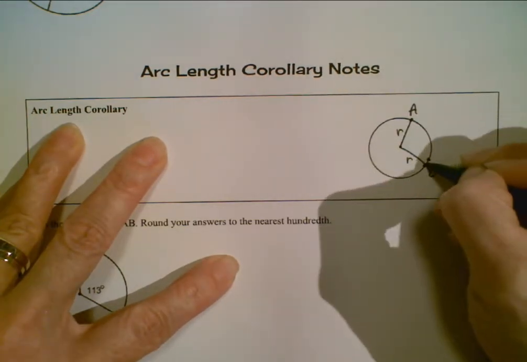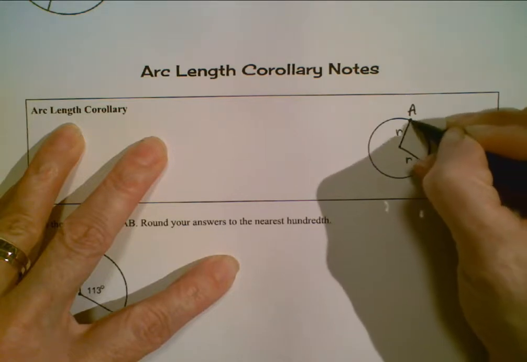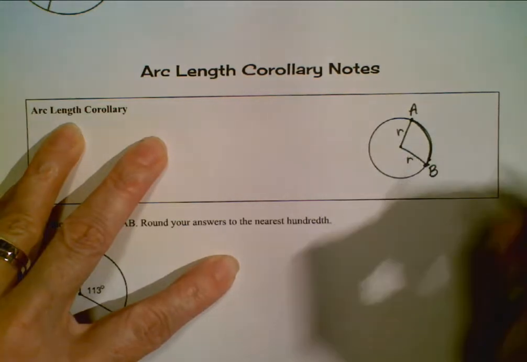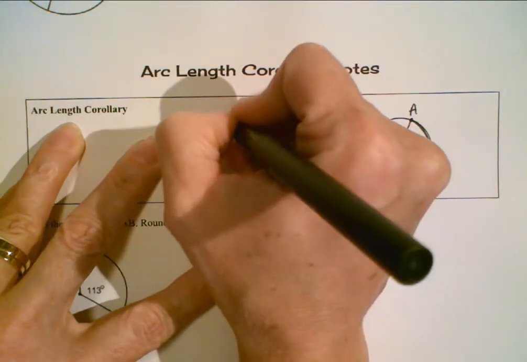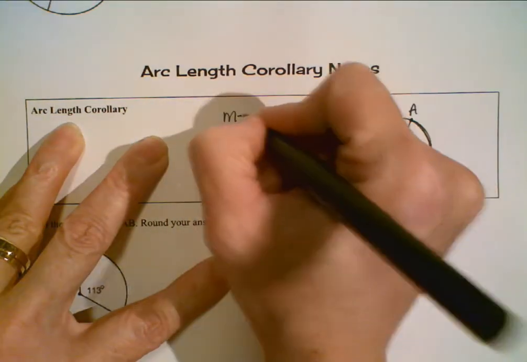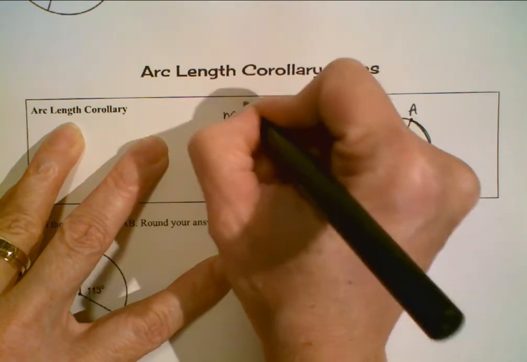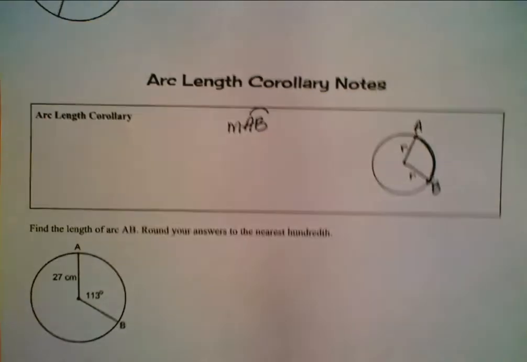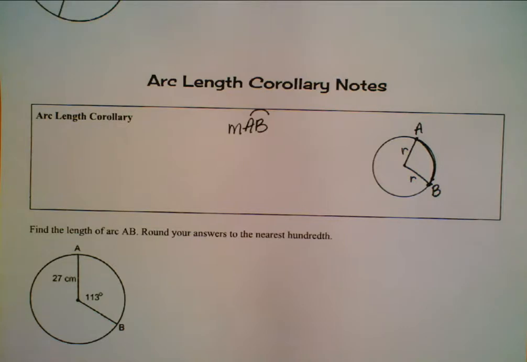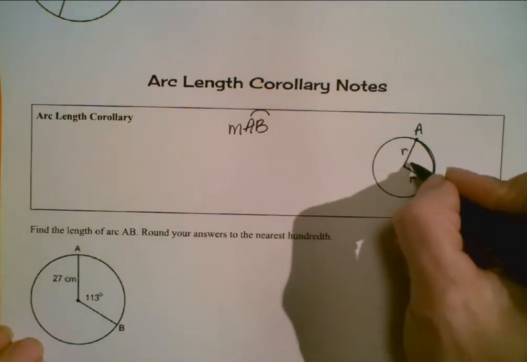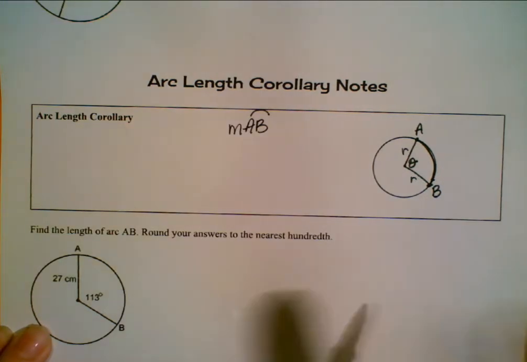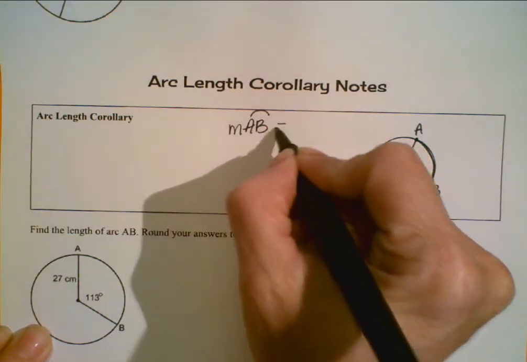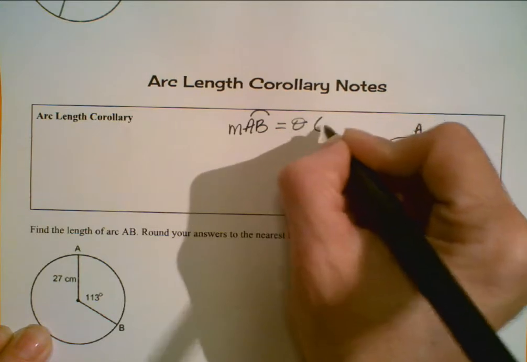That arc has some length, but it also has a measure. The measure of arc AB is equal to whatever the measure of angle theta is. So here again, we're going to refer to this central angle as theta, just as we did up above. So the measure of the arc is equal to theta. That's going to be in degrees.